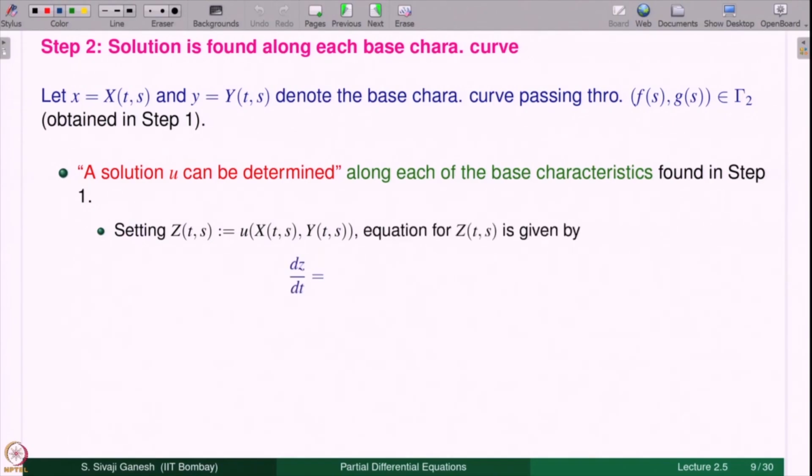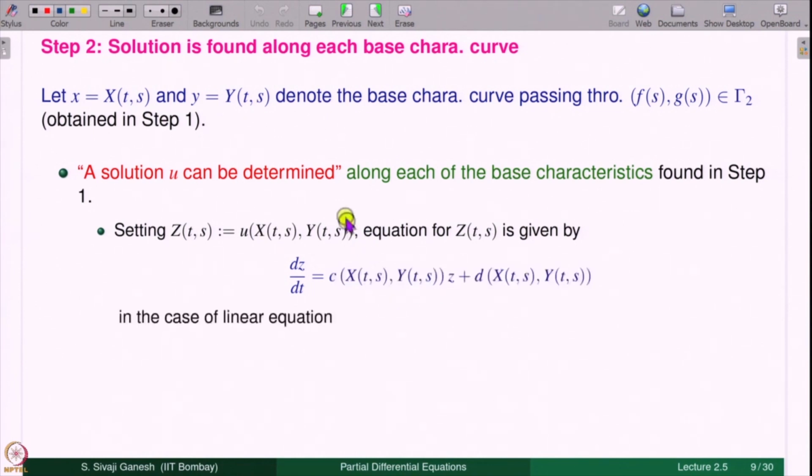So, the equation for z(t,s) is given by, of course, you have to differentiate: dz/dt = ux dx/dt + uy dy/dt. But dx/dt and dy/dt are solutions of the base characteristic curves, so they will be a and b respectively. What you have here is a ux + b uy, and that is equal to c if you use the solution to the PDE.